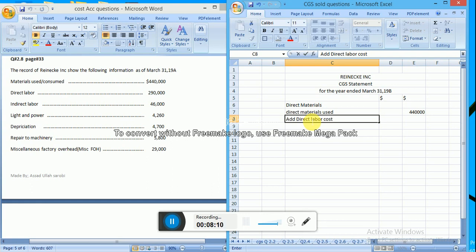Why do I not start from the beginning direct material? If you read the question carefully, no beginning material is given. Similarly, no ending material is given, and purchases are also not given. So here three amounts are missing, and we can't use the reverse method.